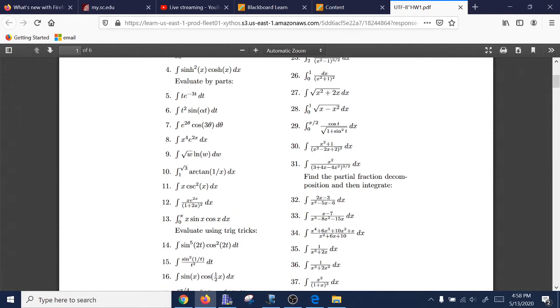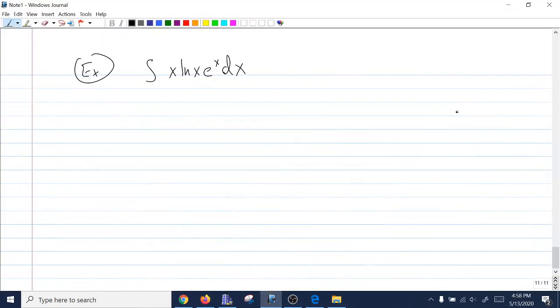I have x sine cosine, not one of these. What do you do with this? Triple products are weird, and I don't have a really good intuition other than try stuff and see what works. If I make u log x, then dv is everything else. dv will be x e to the x dx, which makes v the integral of that.